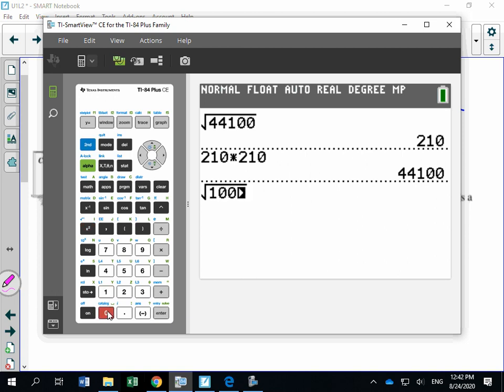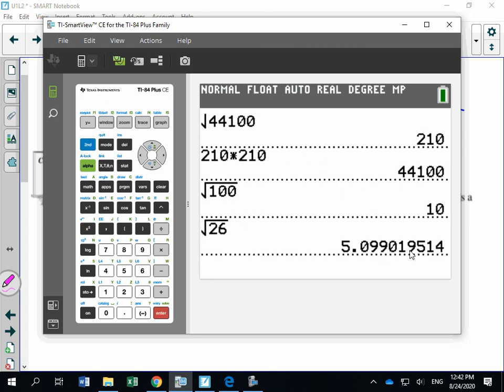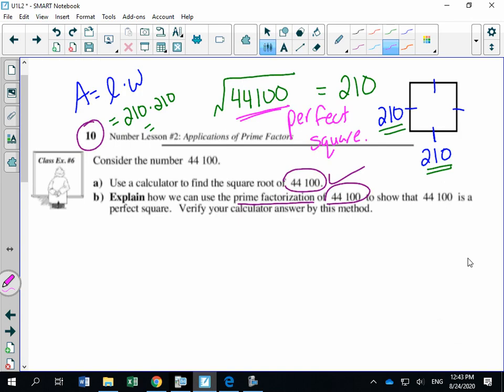If you take the square root of 100 and you get 10, yes, it's a perfect square. 10 times 10 is 100. But let's say I give you a number like 26, and I ask, is 26 a perfect square? If you get a decimal, then the answer is no. 26 is not a perfect square. 100 is, 44,100 is.